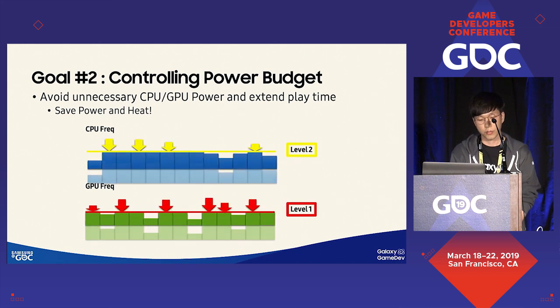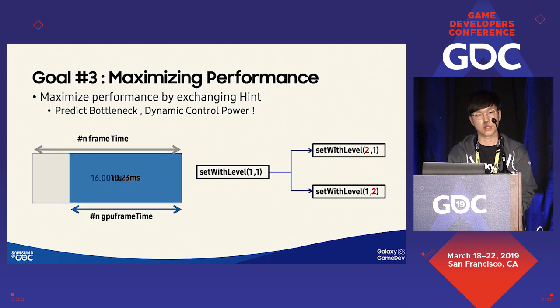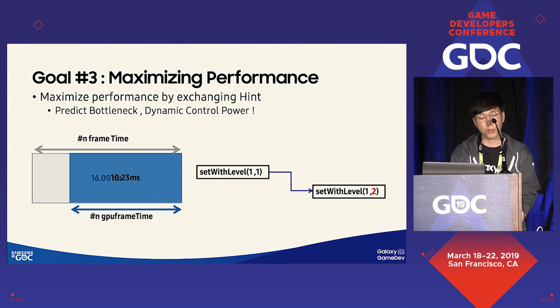So please avoid unnecessary CPU and GPU power and extend your gameplay time. With the GameSDK, you can identify the bottleneck point, maximize performance and dynamically control power in your game.